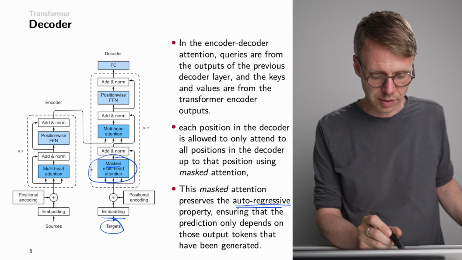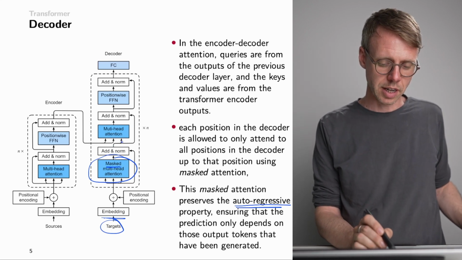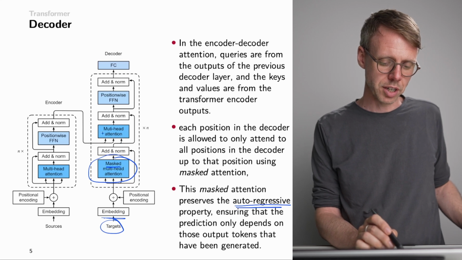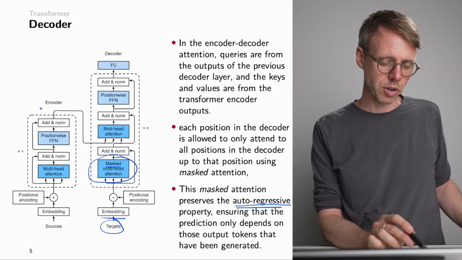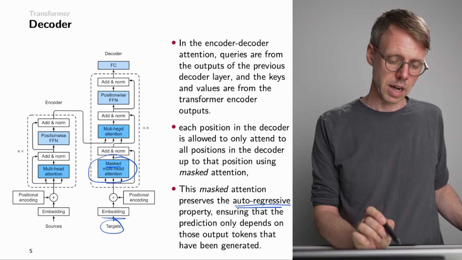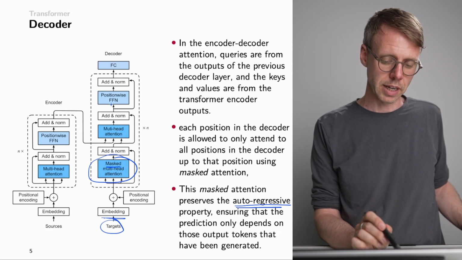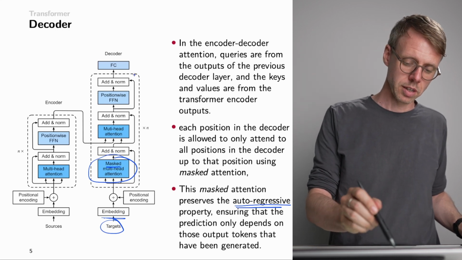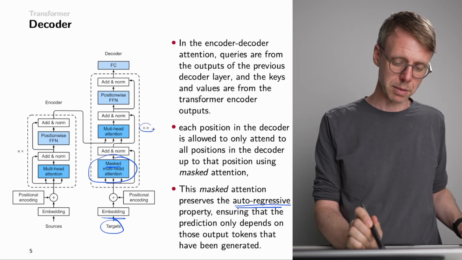The output of this masked self-attention is then used as the queries for the multi-head attention that uses keys and values based on the output of the encoder network, and then passes that to the position-wise feed-forward network and performs this whole thing multiple times.